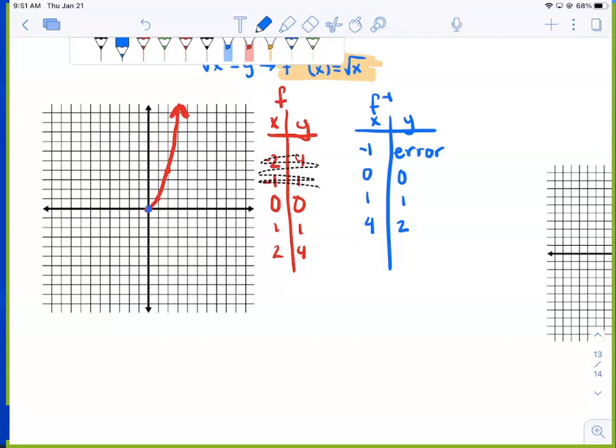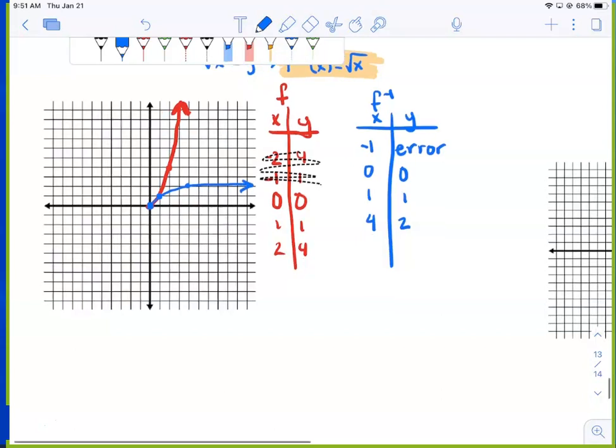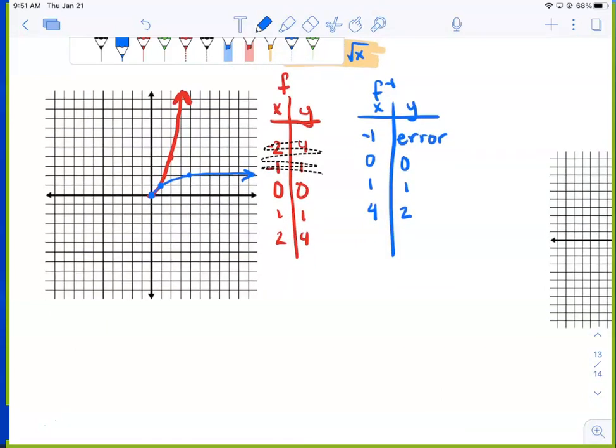So I can graph (0, 0), (1, 1), and then at 4, I'm up to 2. Recall that on Tuesday I said the graphs of inverse functions are reflections over the y equals x line.